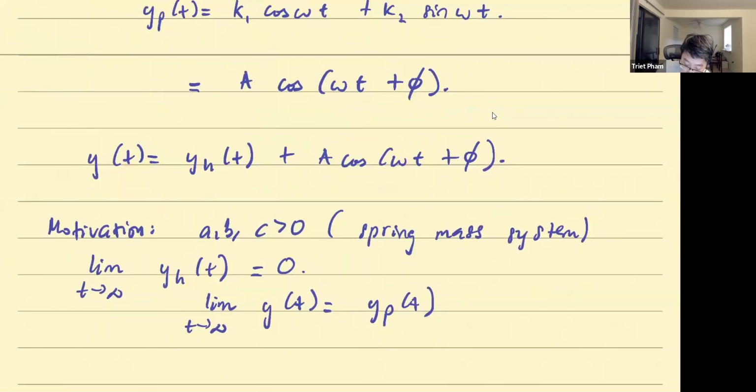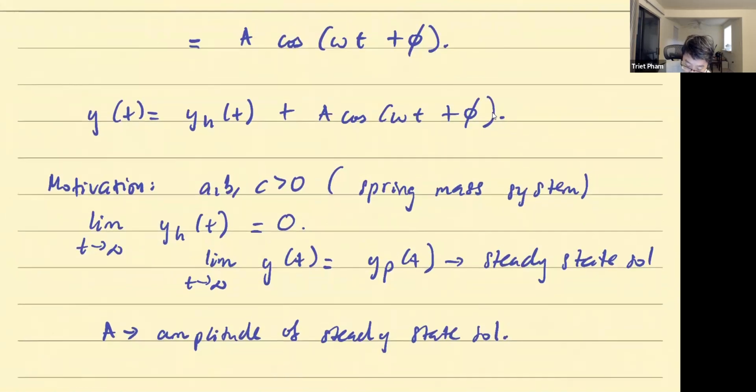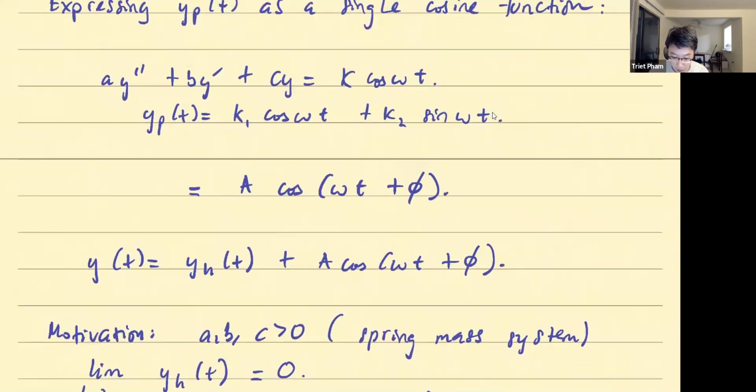So A will be the amplitude, this will be the steady state solution, and phi is called the phase angle. So that's the motivation on why we want to compactly rewrite this into one single form.